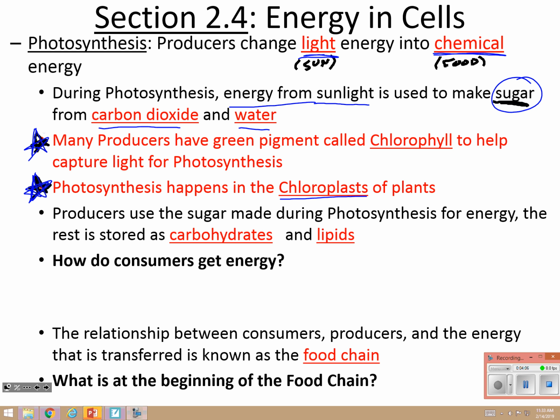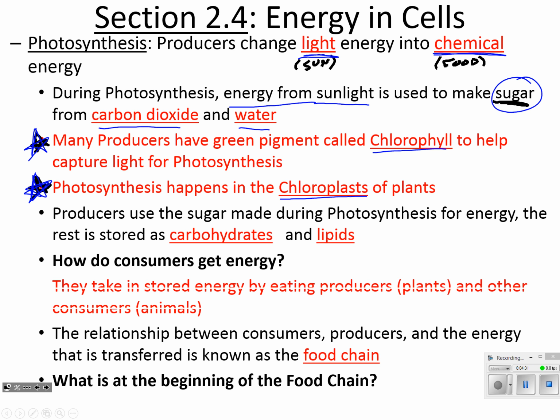These two things, chloroplasts and chlorophyll, are what allow plants to do photosynthesis. So photosynthesis is a process where plants use energy from the sun, carbon dioxide from the air, and water from the ground to make sugar that is then used for them to grow. That's how they get energy.